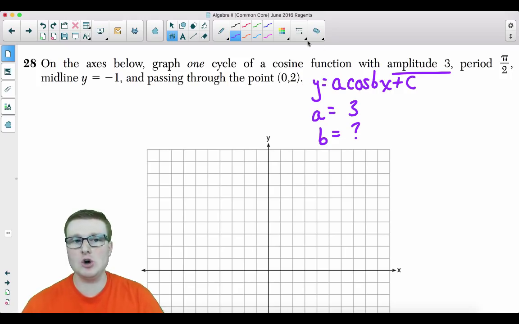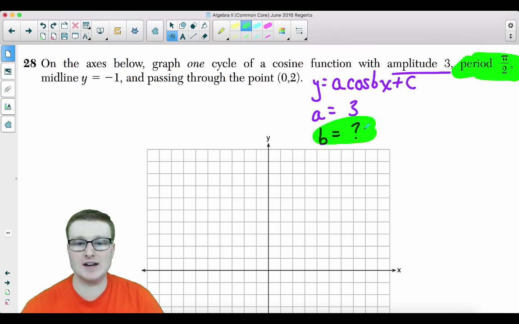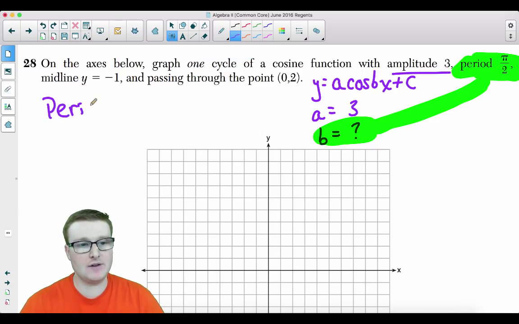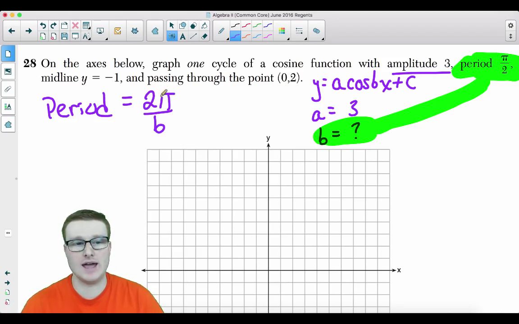Now, what you should know by now is that period and frequency are directly related with a formula. The period of a function is really 2 pi over b, where b is the frequency. That's how they're directly related, ladies and gentlemen.